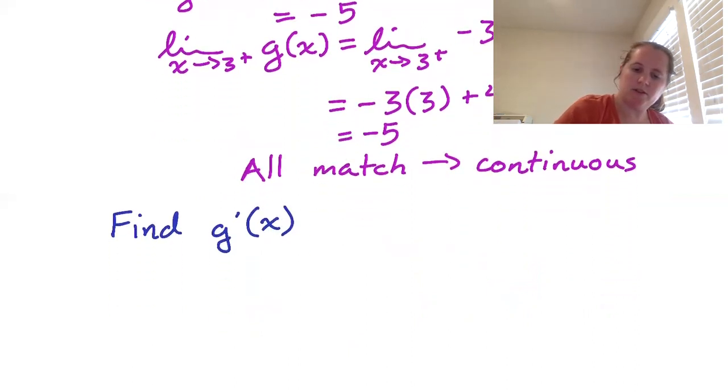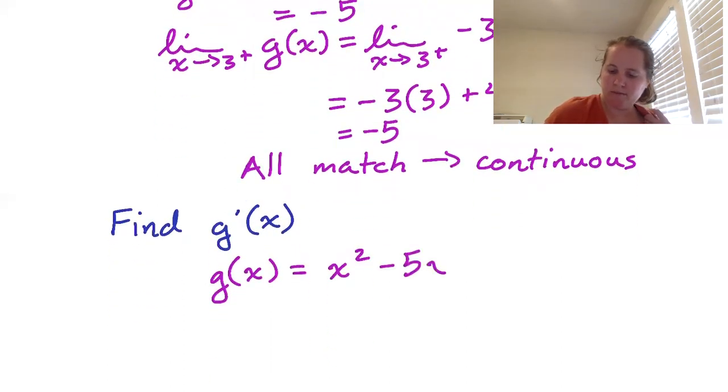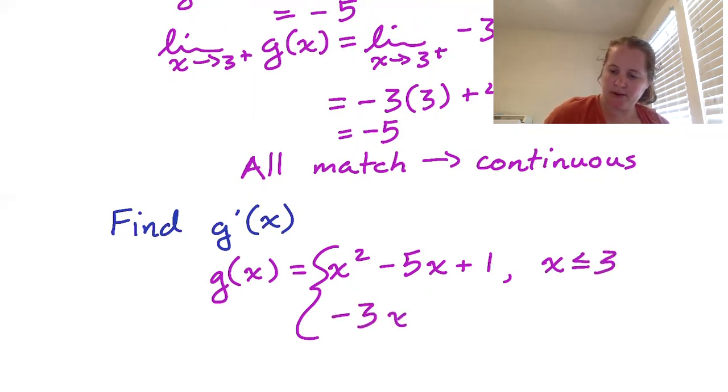Recall that g of x is equal to x squared minus 5x plus 1 for x less than or equal to 3, and negative 3x plus 4 for x greater than 3.